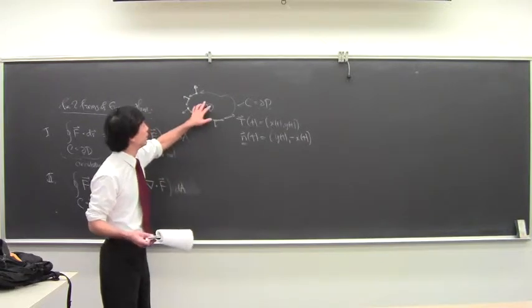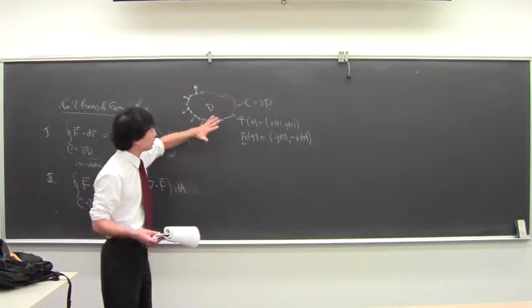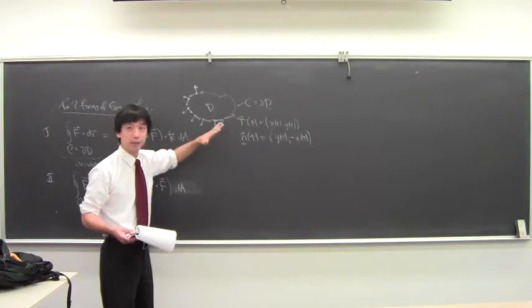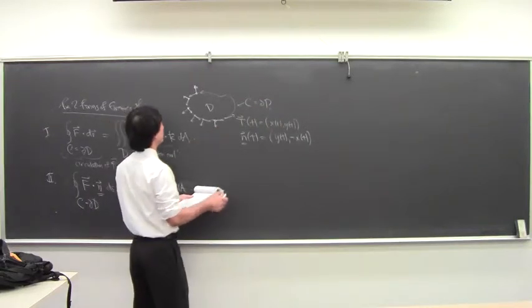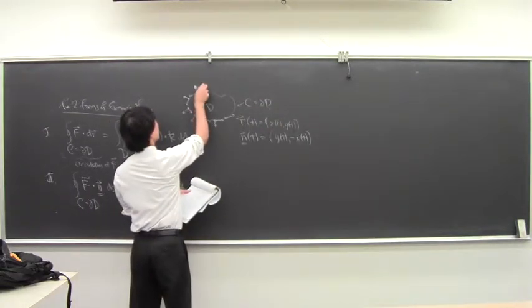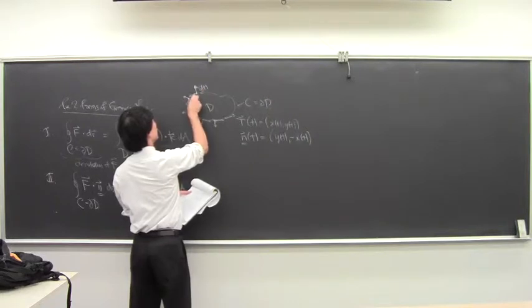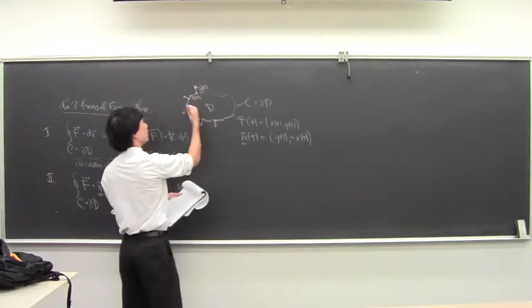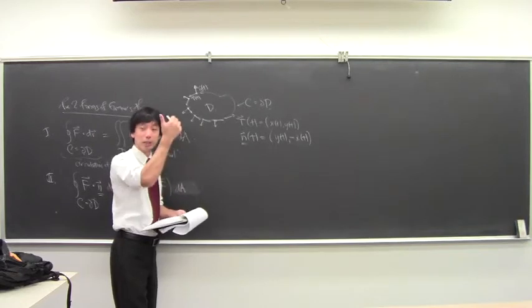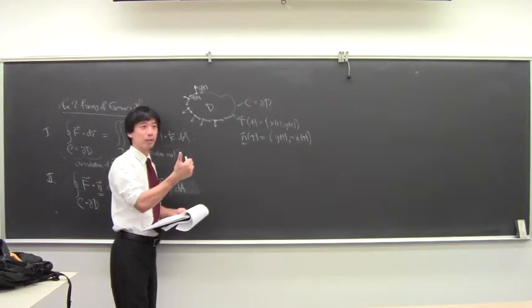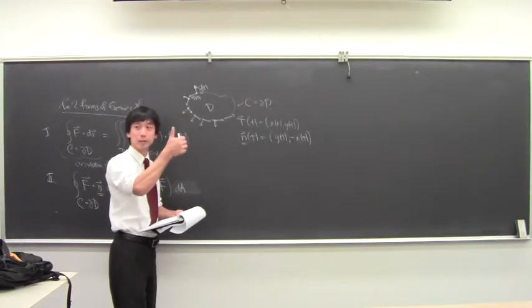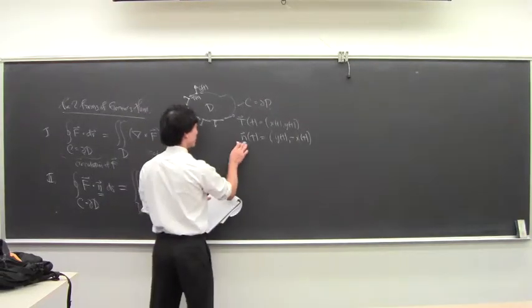Okay, so here's one idea. Let's think of this thing in R3. What we want is that if this is the outward normal, then when we take the cross product, we should get something going in the positive z-axis direction. So let's make sure that we do.